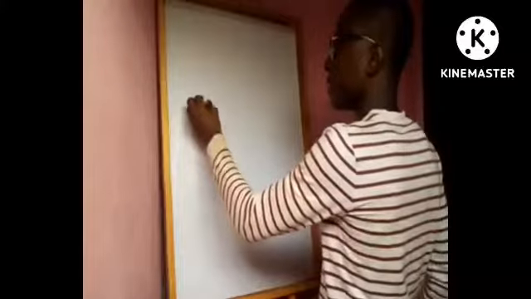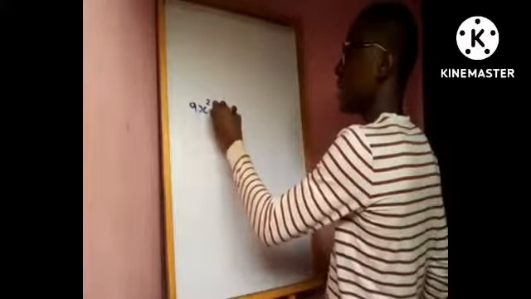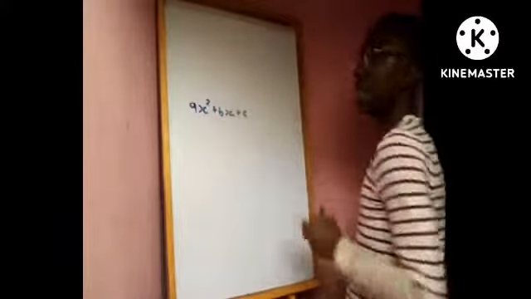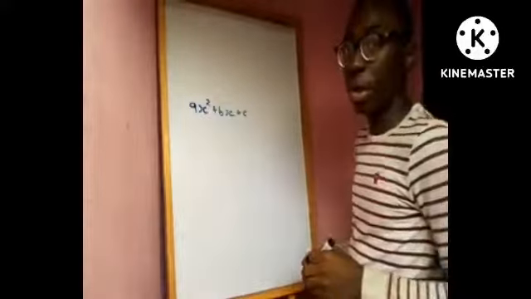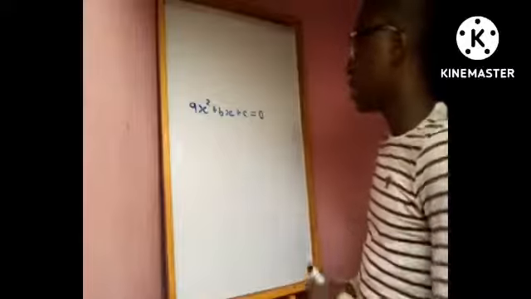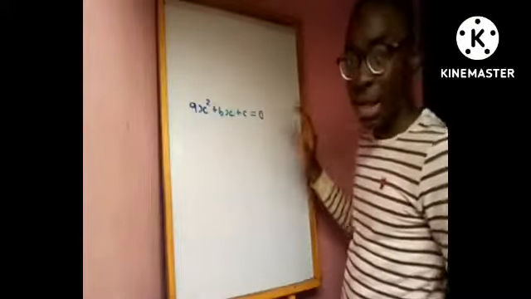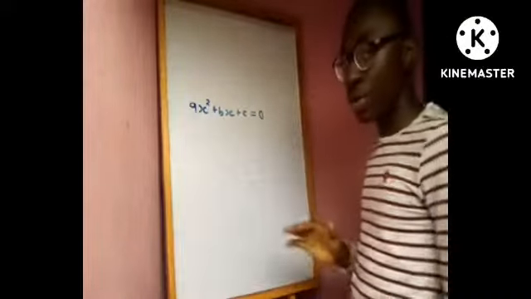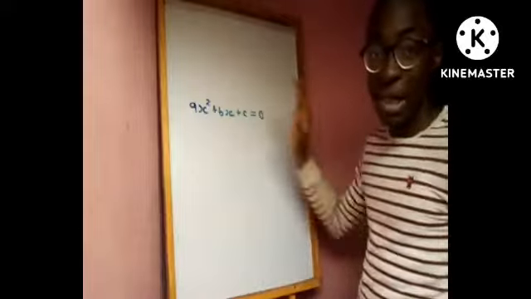To solve this equation, we need to arrange it in the form ax squared plus bx plus c equals 0. When we write ax squared plus bx plus c, this is a quadratic expression. But when we equate it to 0, that becomes a quadratic equation. Basically, you rearrange all the terms and fix them on one side, in this case the left hand side.